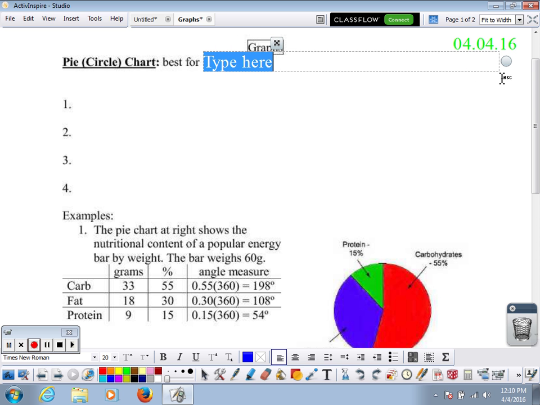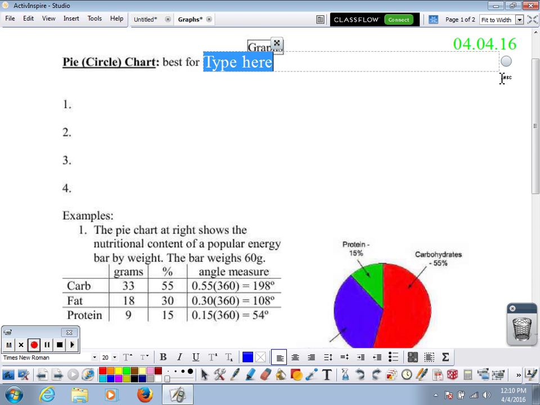A pie graph or a circle graph. If we take a look at that example, we don't really have to read too much into the question, but it has 15%, 55%, and the last one is 30%. What do you notice about those percentages? What should you notice about those percentages, JD? They're different. They sum to 100%.